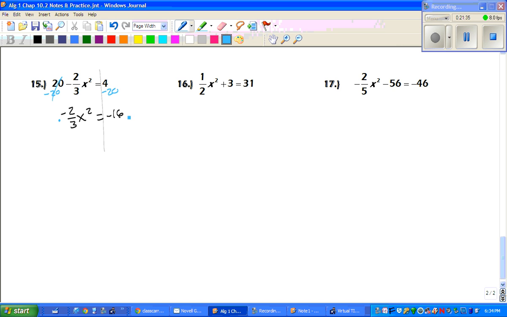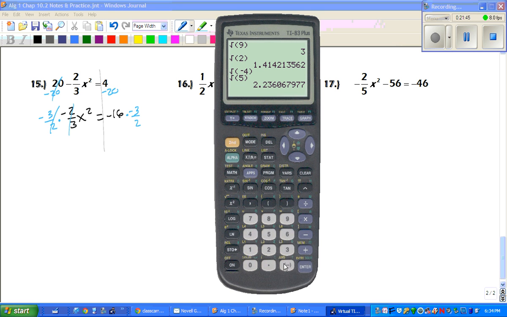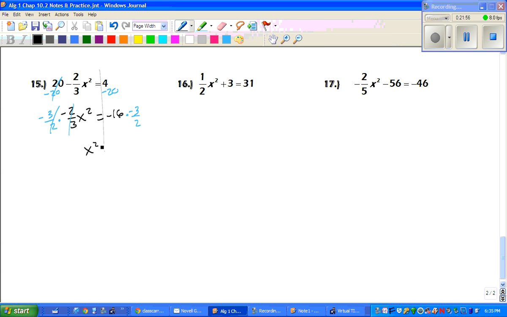Okay, it's not just doing that little flippy thingy. You have to multiply by the reciprocal. And when you're doing that, you can use your calculator. So negative 16 times negative 3 over 2. Okay? And you're going to get your answer. So x squared equals 24.